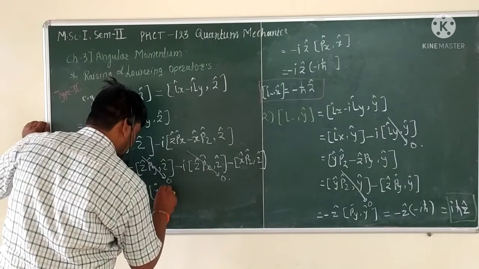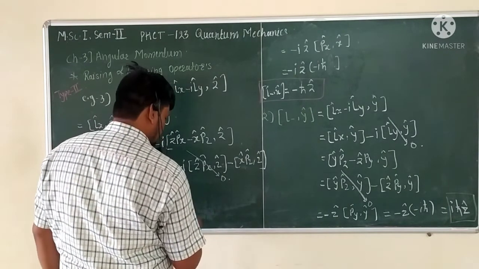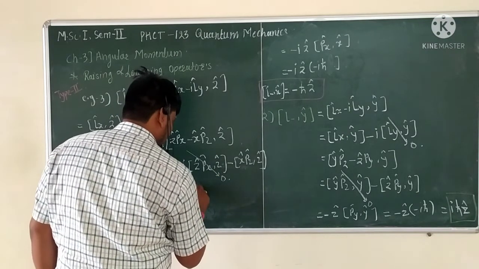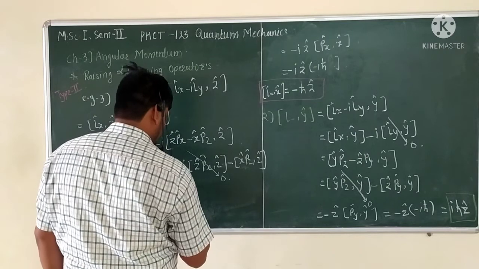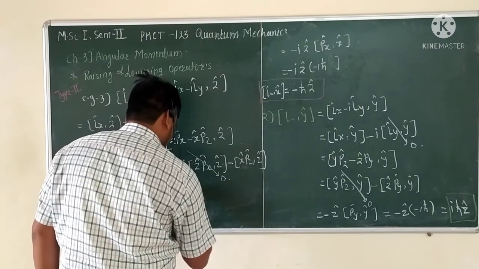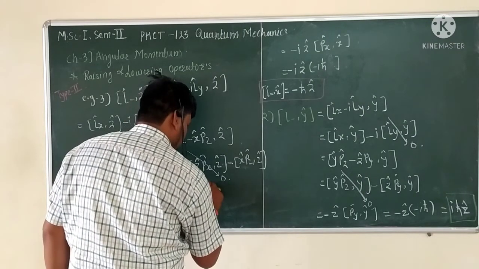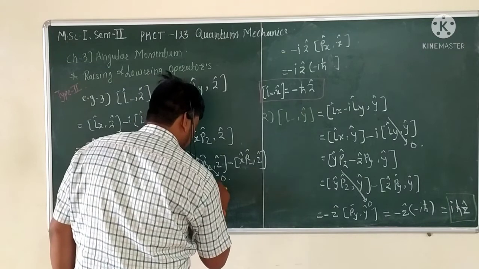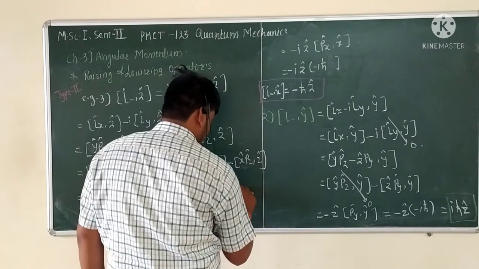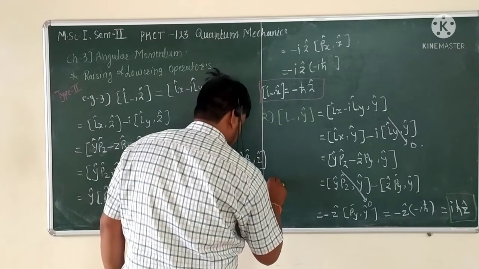and again this minus sign, minus i is there, and the commutation relation between these, so that x cap is taken outside, this minus i is there, and again minus sign is there. If we take this x cap outside, inside pz cap comma z cap, and again minus pz cap is taken outside, so that is the x cap comma z cap.